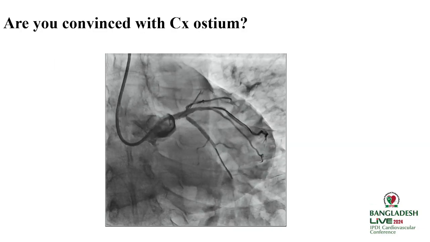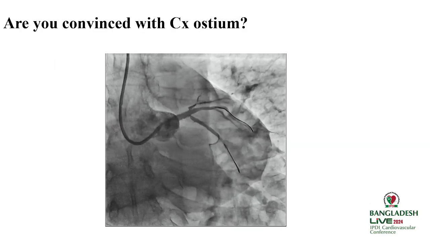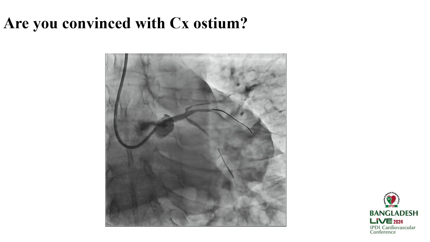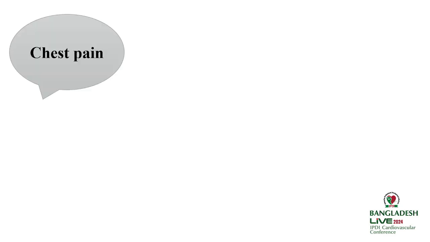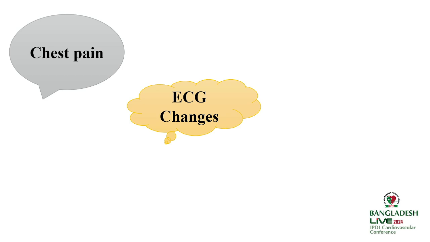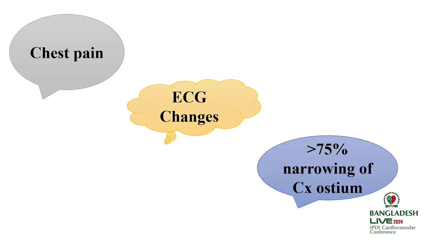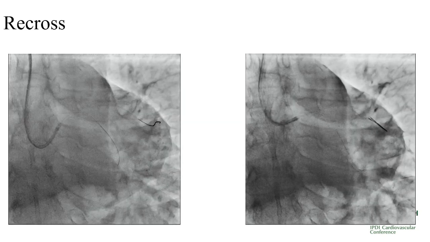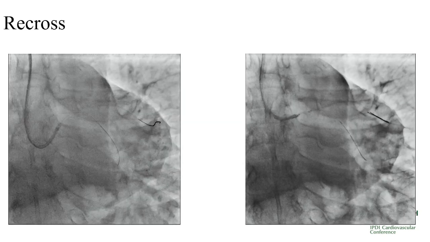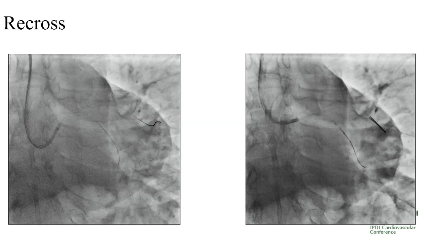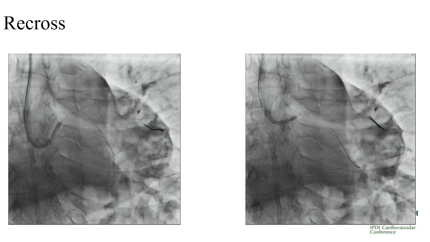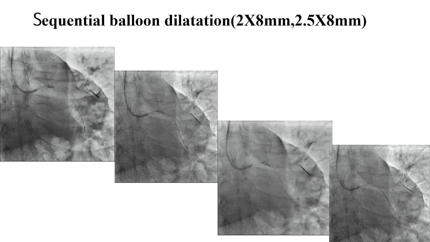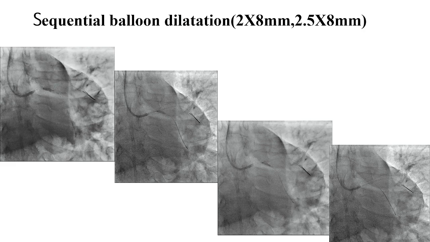After POT, look at the ostium of the circumflex. Are you convinced with the circumflex ostium? I am not. The patient had chest pain, ECG was showing changes on the monitor, and angiographically it is more than 75%. So we recrossed the circumflex with a hydrophilic wire, a Fielder FC, and sequentially did balloon dilatation.